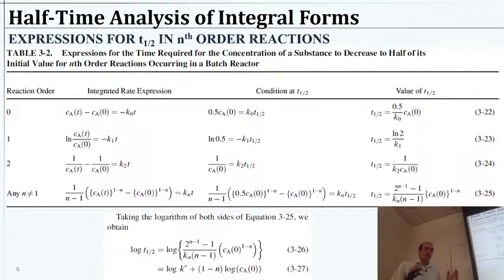So I'd like to take that and bring that to where the book is talking to us a little bit about it, saying, okay, for a given reaction order, we can solve for the half-life in this manner. So like we just did, first order, or excuse me, zero order, the condition is half of what we started with is equal to KT.